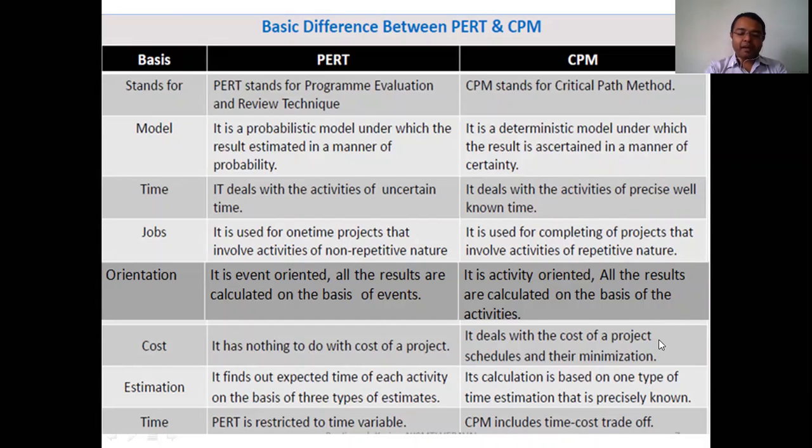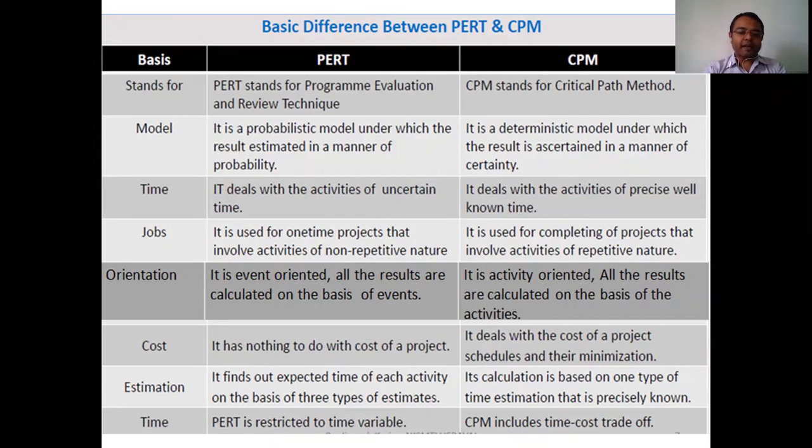In case of CPM, the cost to benefit ratio is also taken. Suppose you want to construct a 10-story building: what is the cost required to construct that building, and what is the benefit in terms of money you are getting after the construction? That is the cost to benefit ratio. Of course, benefit must be more as compared to the cost.